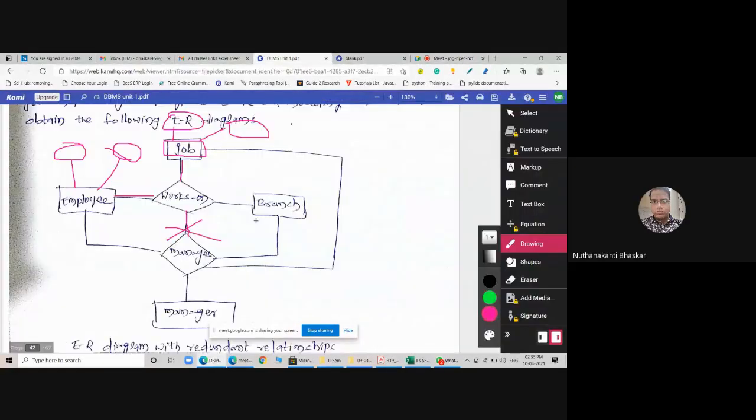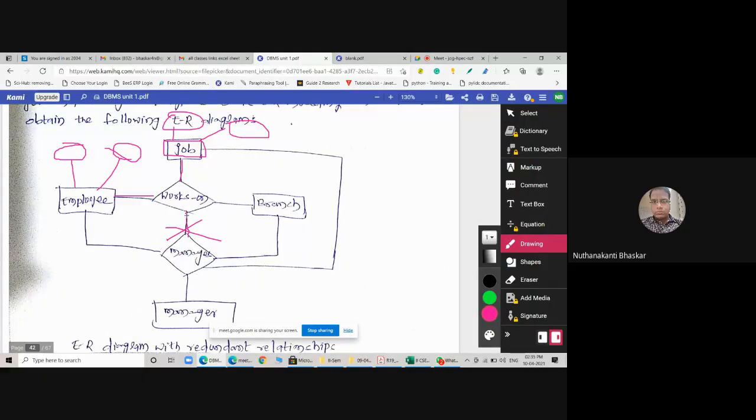Now, because of the given case study, I designed the ER model like this. Employee works on branch. Employee works on manager. Job works on manager. Job manages manager. Again, branch manages manager. So what happened? Here, redundant relationships are there.